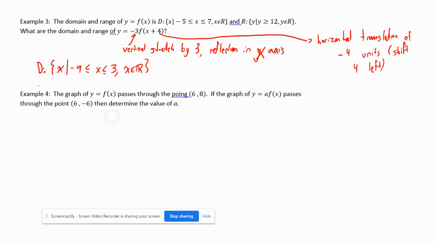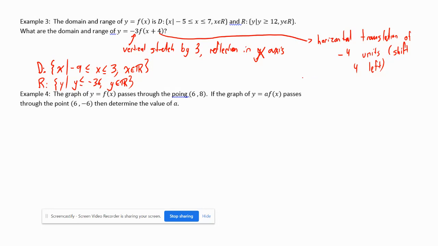Okay, my range. If it was bigger than or equal to 12, if I multiply it by 3, it's going to be y is greater than or equal to 36. But I reflect it in the x-axis. Now it's going to be -36, but if it was bigger than 36 and reflected, now it's going to be smaller than -36. So my range is going to be y is less than or equal to -36, where y is a real number.